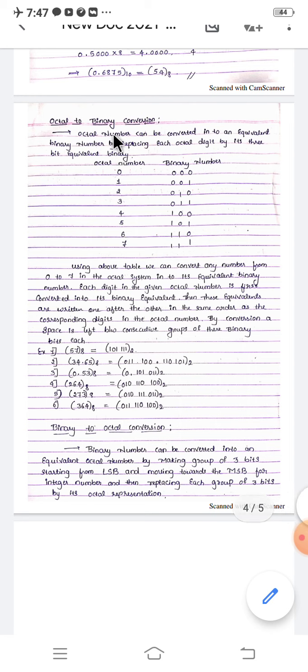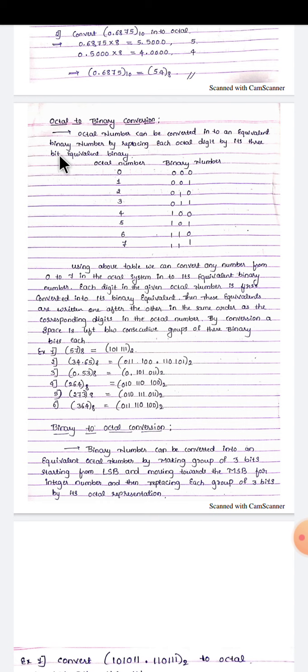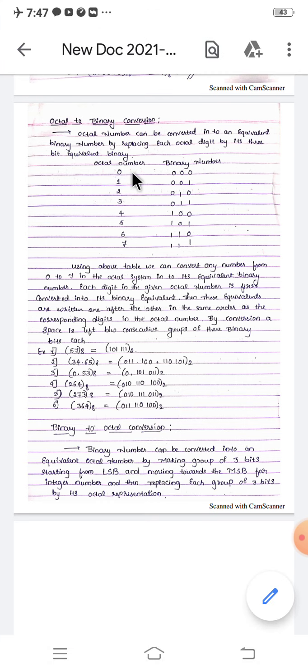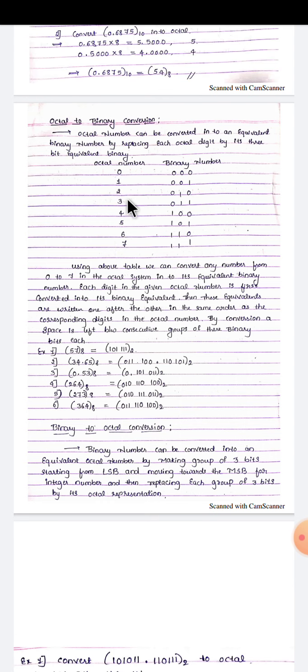Now octal to binary. An octal number can be converted into an equivalent binary number by replacing each octal digit by its 3-bit equivalent binary. Already you know 0 to 7, these are the 8 octal digits. Their binary equivalents are 000, 001, 010, 011, 100, 101, 110, 111. Using the above table we can convert any number from 0 to 7 in the octal system.